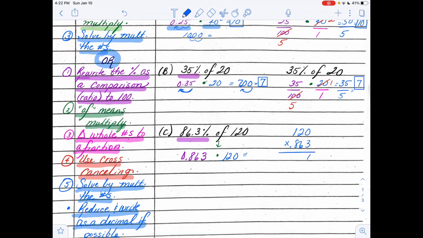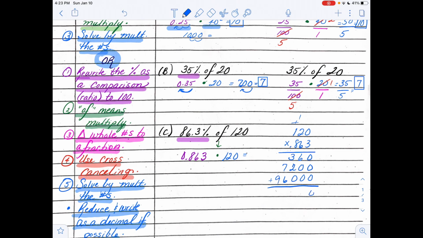3 times 0 is 0, so I can go ahead and do my long multiplication here. I'll do it a little bit faster. 2 times 6 is 12. Carry the 1, that would be 7. 2 placeholders down here. 8 times 0 is 0. 8 times 2 is 16. 8 times 1 is 8 plus 1 is 9.